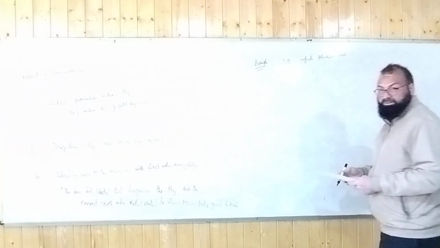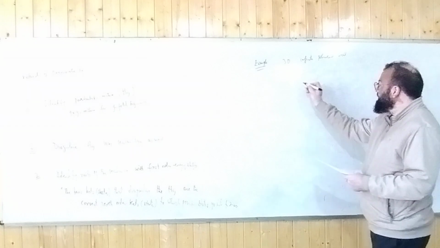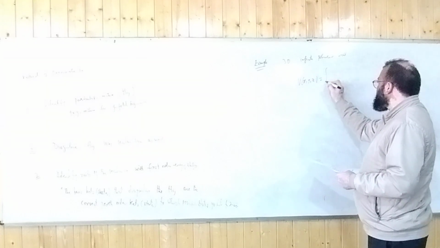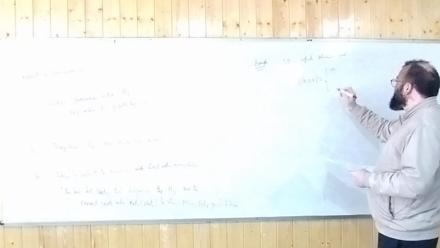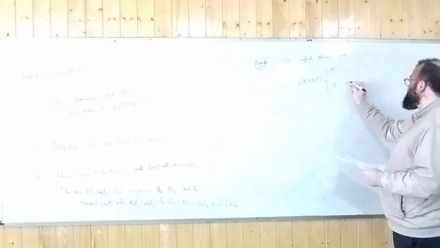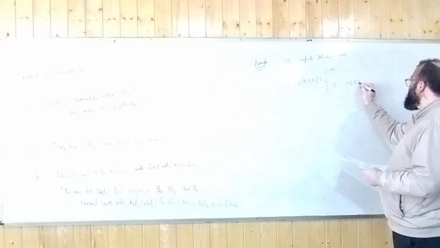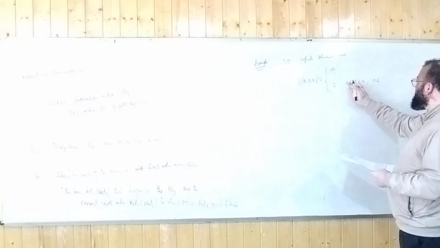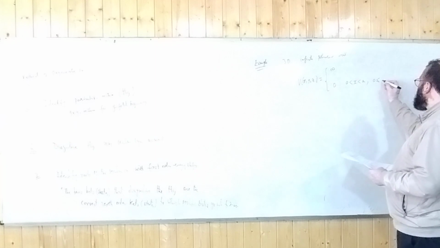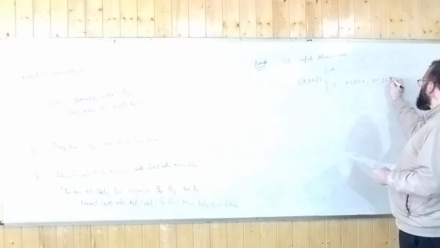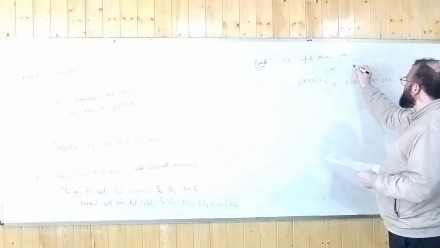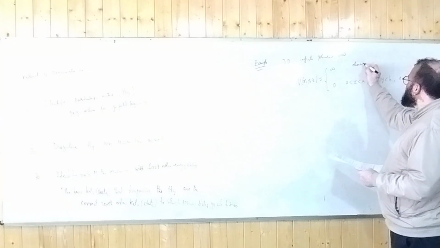Okay. So what is the potential? So you have V(x,y,z) equal to 0 for 0 less than x less than a, 0 less than y less than b, 0 less than z less than c, and infinity otherwise.